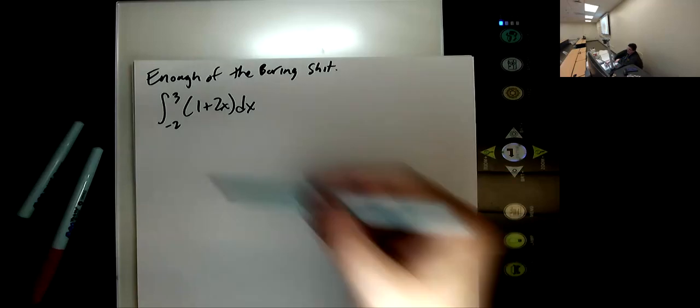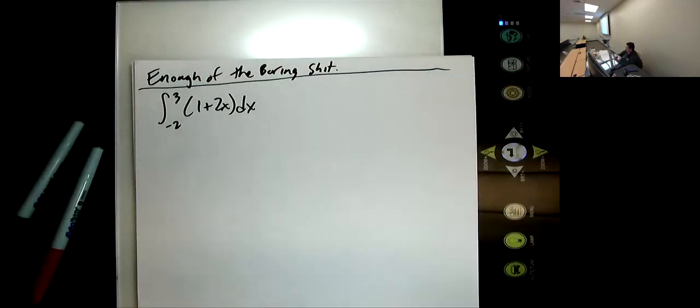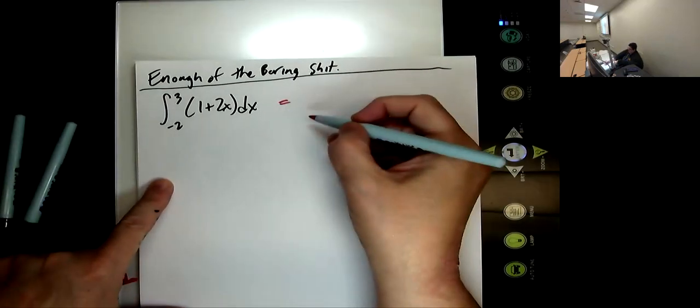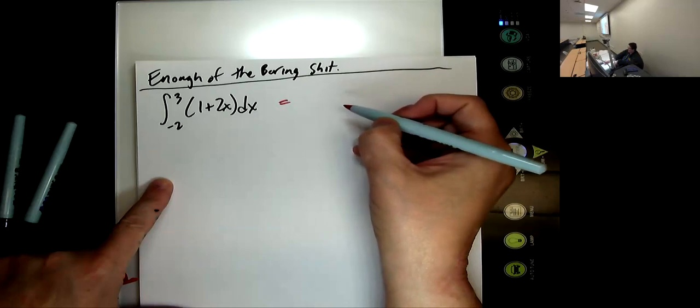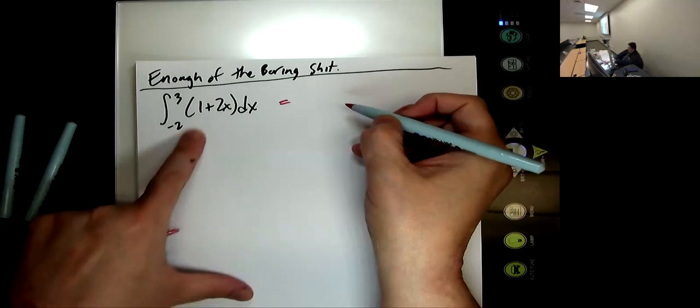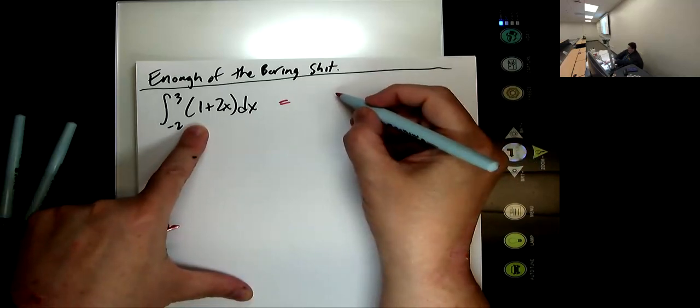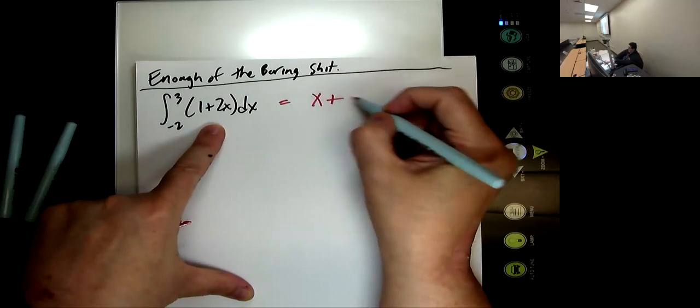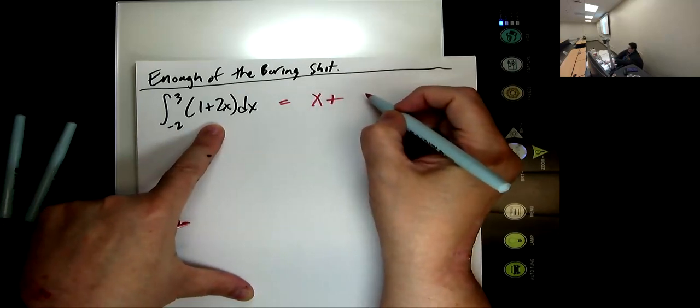The way we show dealing with those limits of integration is we integrate like normal. So what is the integral of 1 plus 2x? What's the integral of 1? X. What's the integral of 2x? x squared.